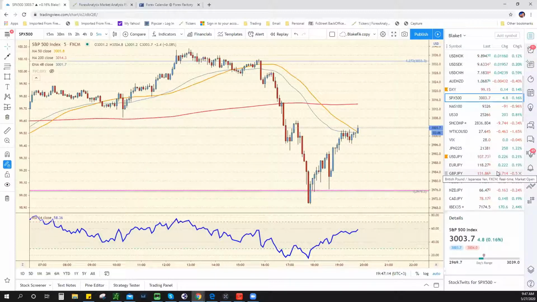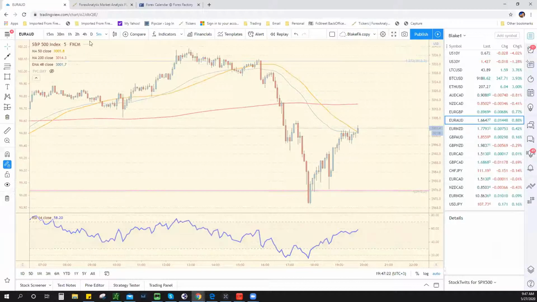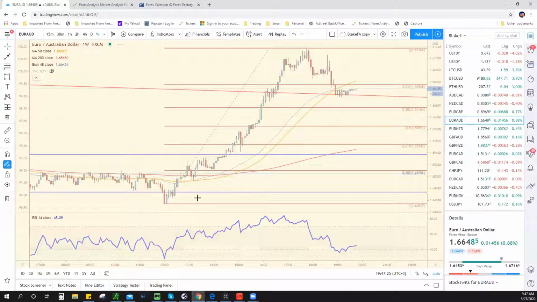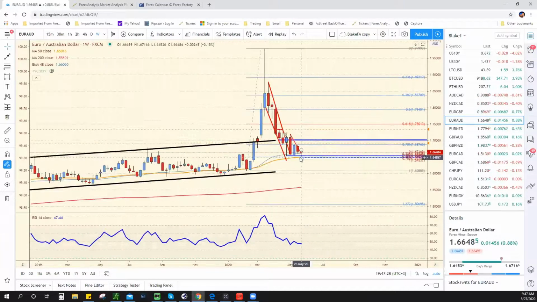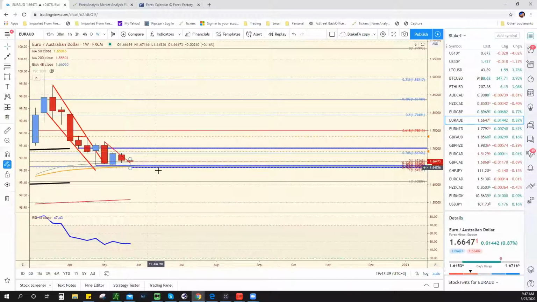Dominic said, check the 48 EMA on the weekly on the Euro Aussie. I will look. Euro Aussie weekly 48 EMA. Oh, look at that. Right there. There's a 50 SMA, the orange one. But yeah, we're basically holding it.